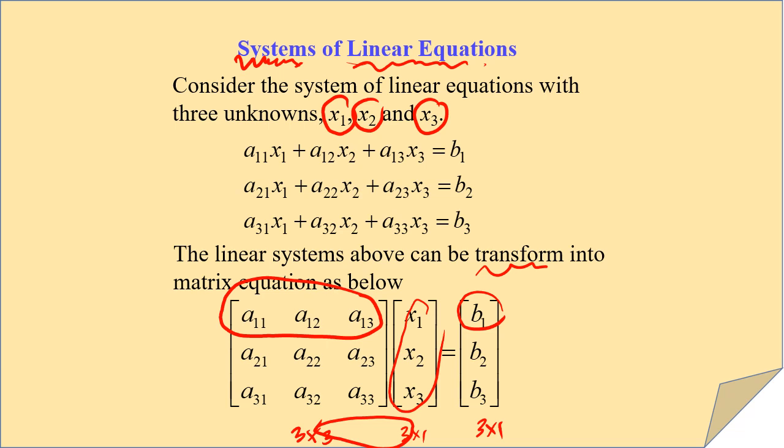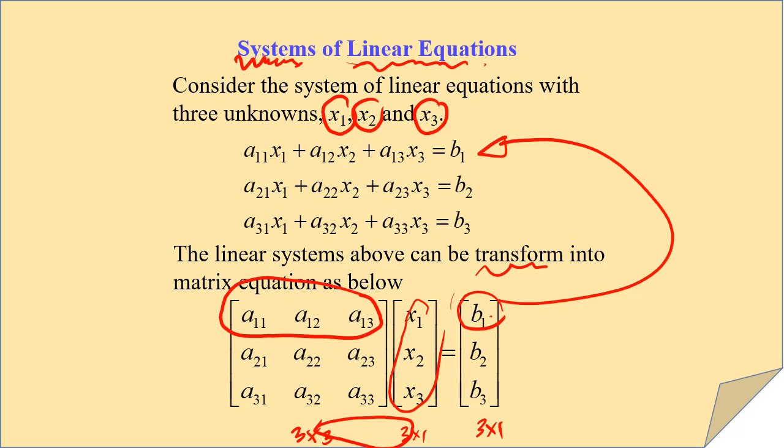So if we do the multiplication between these two matrices, what we get is A11 multiplied by X1, A12 multiplied by X2, A13 multiplied by X3, and adding up all, we get equal to B1, which is equivalent to the first equation. The same for the second row and first column.